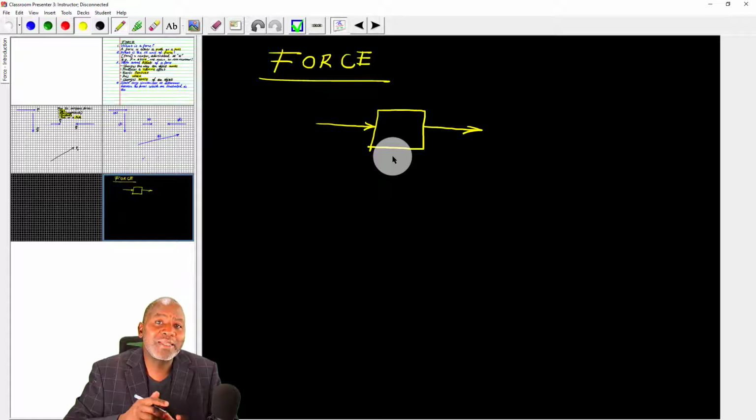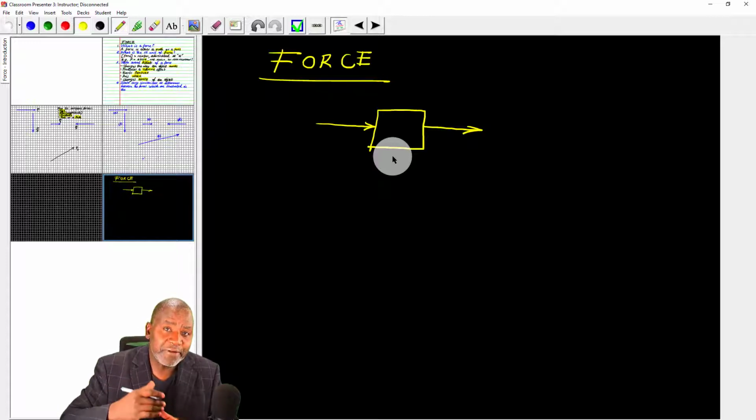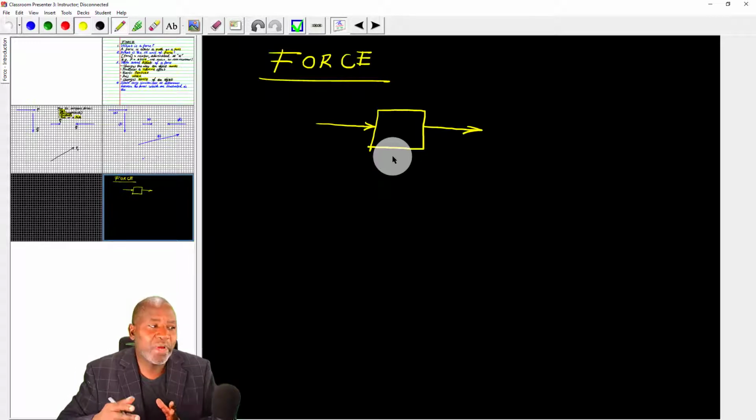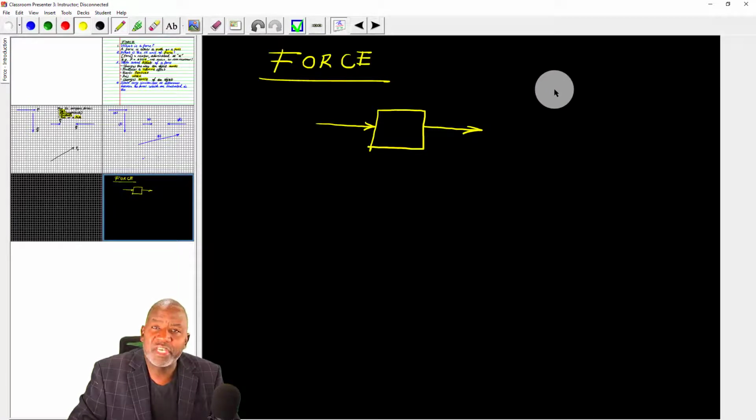But because at this level you probably don't have an idea of what momentum is, then we will put it on hold. Then why are we going to a physical quantity and we have not covered other physical quantities which are required to define it? Because the process of physics is such that when you define a physical quantity in terms of other physical quantities, you show that, for example, let me just give you an example of density.